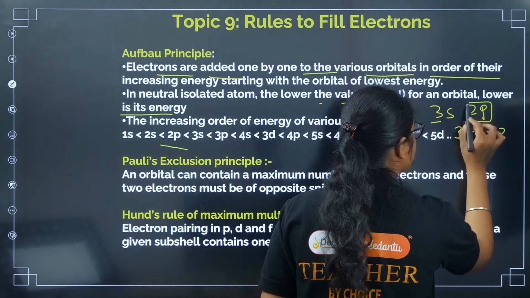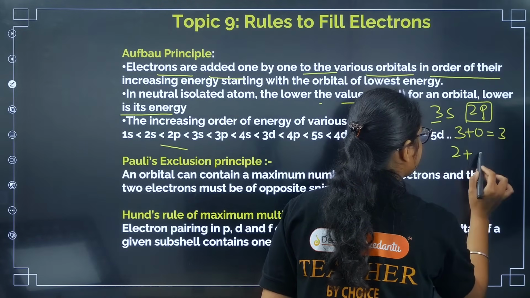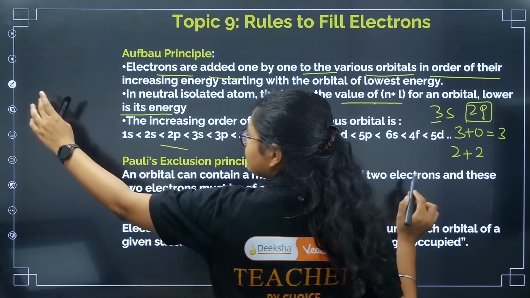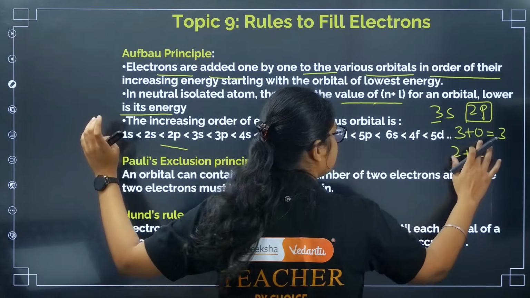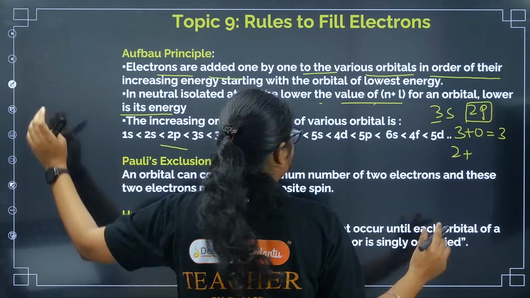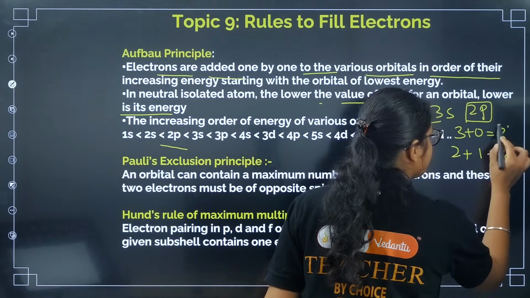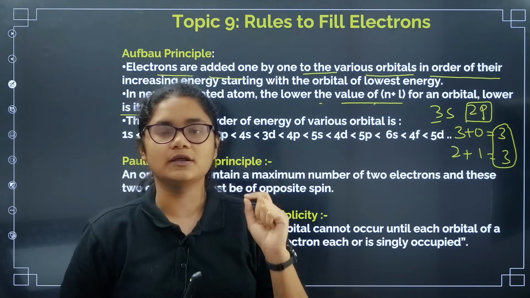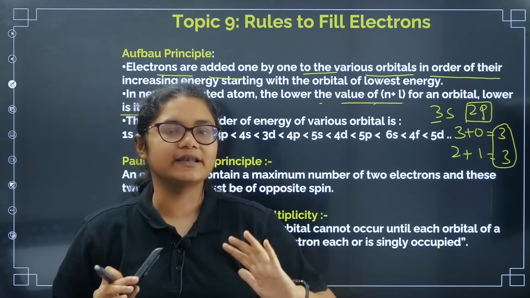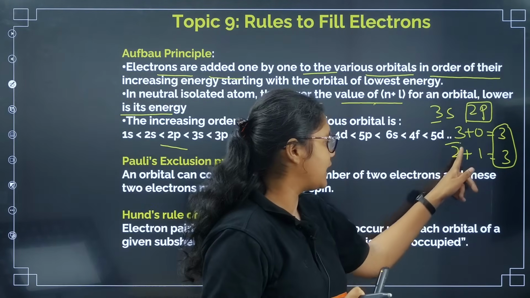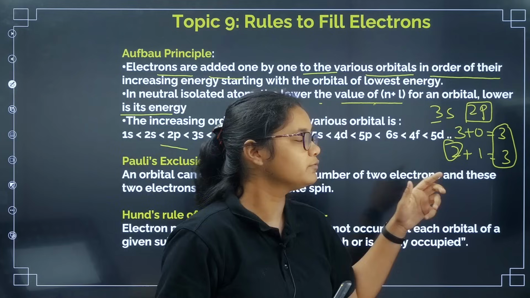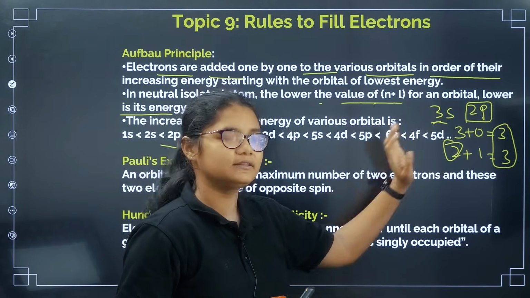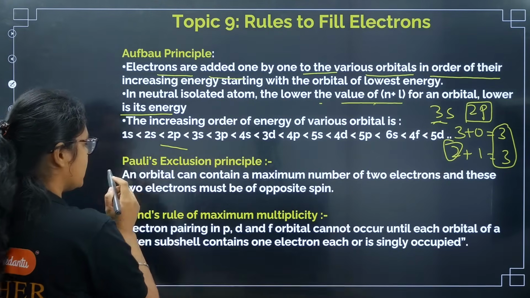Then for 2p, n plus l, the p value is 1, so that is also 3. When both n plus l values come the same, then we have to consider whose n value is less, its energy is less. Here the n value is less, 2, so 2p will be less in energy than 3s. In that way we can tell the order.